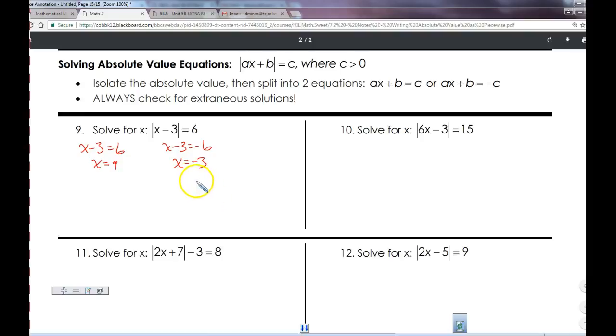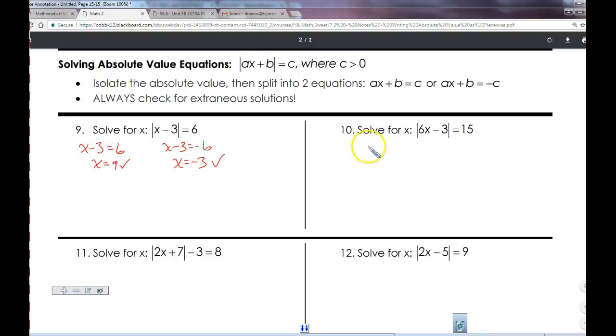Let's see if both those solutions work. If I plug 9 back in here, what is the absolute value of 9 minus 3? Well, 9 minus 3 is 6. The absolute value of 6 is, of course, 6. 9 checks out. How about negative 3? Negative 3 minus 3 is negative 6. The absolute value of negative 6 is also 6. So that answer checks out as well. All is fine.